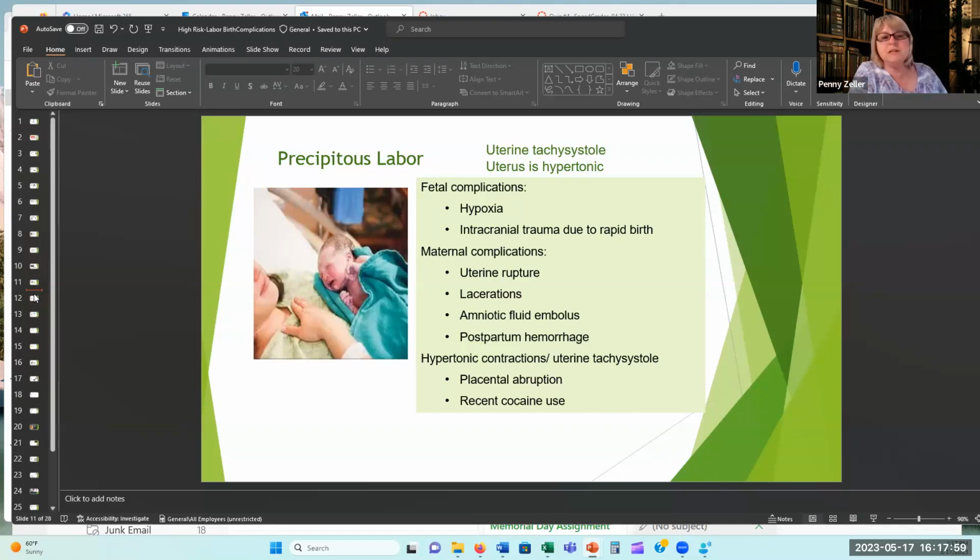And of course, if she is having hypertonic, in other words, stronger contractions than what we like to see, or uterine tachysystole, if we don't stop it, it can actually cause a placental abruption prematurely. And then we usually see cocaine use with that. And the fetus says, wow, what's going on?